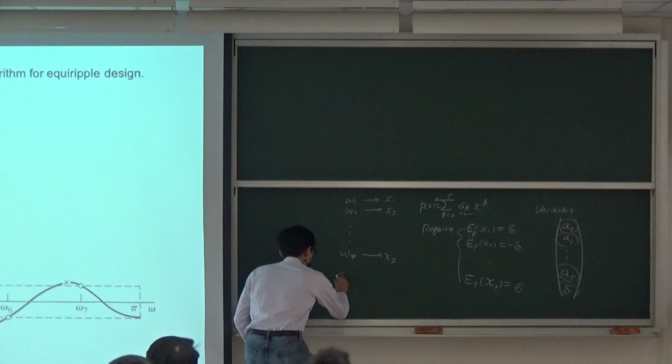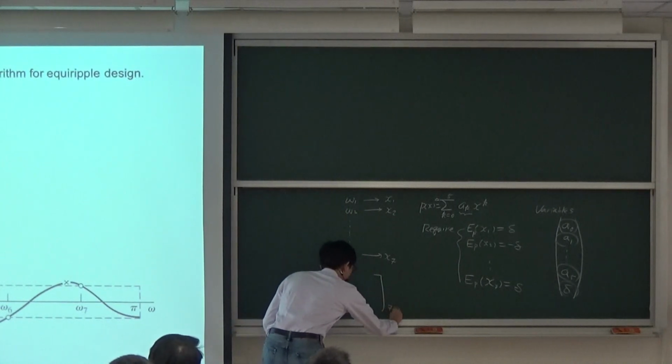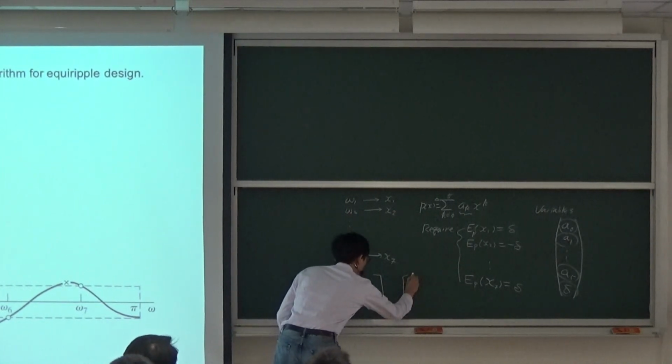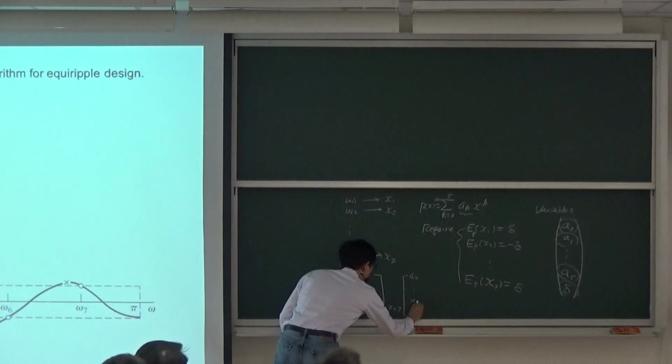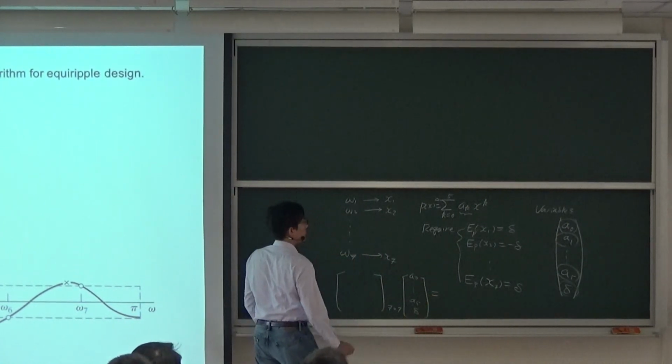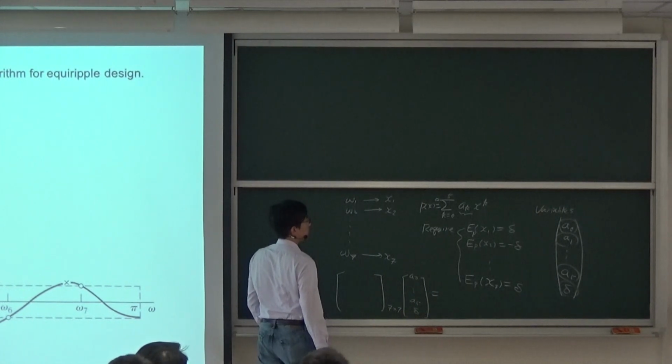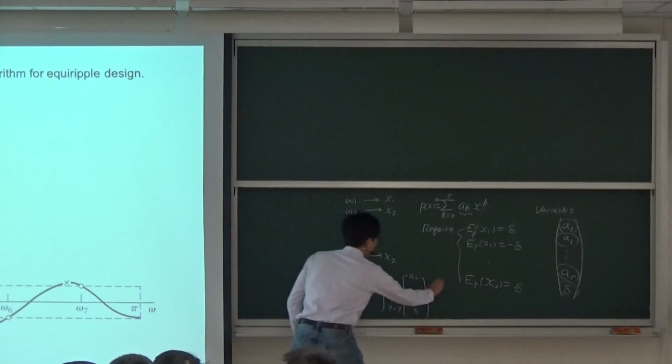So this is an equation of 7 times 7, with A0 to A5 and delta, equals something.